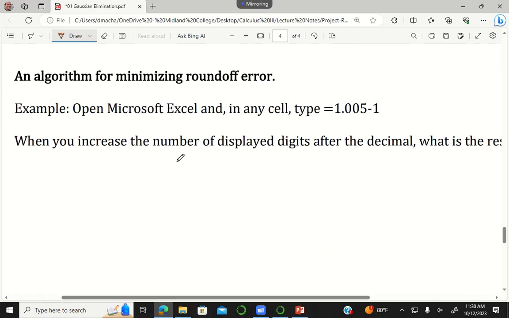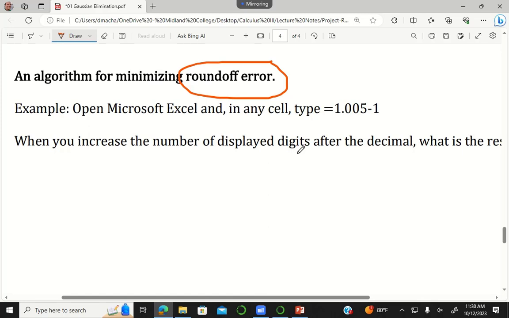The next thing I want to briefly mention is round-off error. Anytime we do something on a computer, it is just a machine that knows how to add and subtract things. But computers have a finite memory.